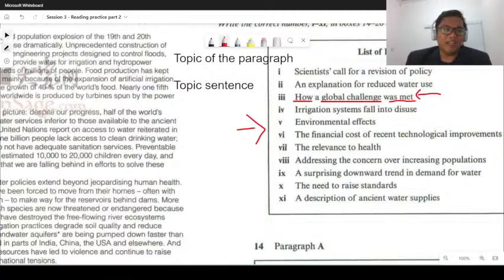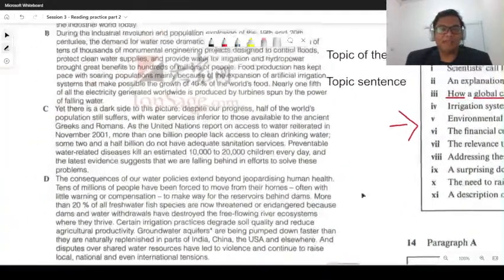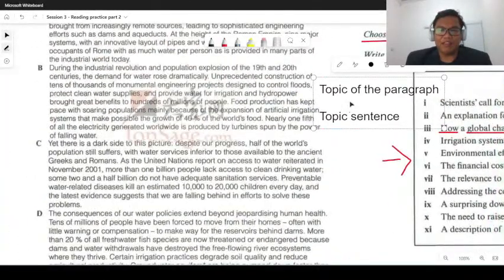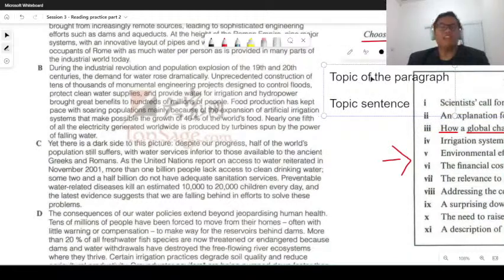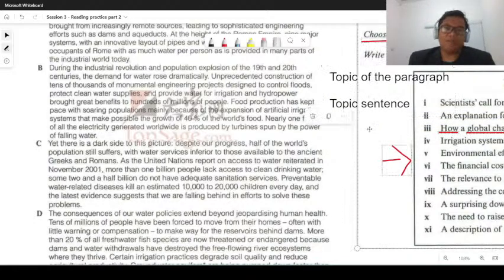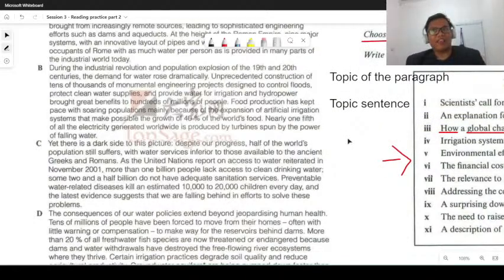All right, now let's take a look at paragraph B. So, how a global challenge was met. Now, this is a trick that I usually like to do, but again, similar to the previous session, this is something that you will need a lot of training on. And with enough training, the accuracy can reach higher than 80%, right?